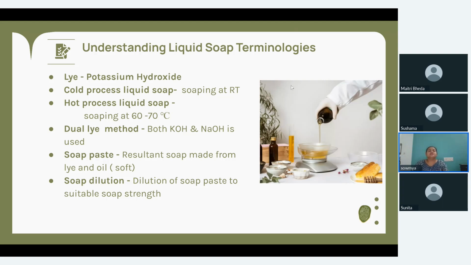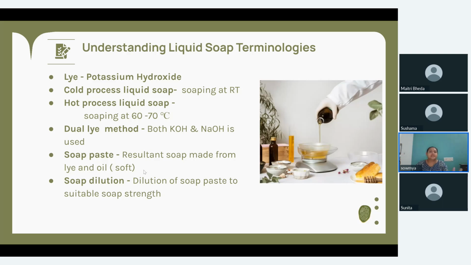Like how, when you make hot process soap, it goes through the Vaseline stage, right? And how soft that soap will be. Exactly like that, your final soap will be for a liquid soap. So that soap is actually called a soap paste, and it is very, very soft. That is why we need to dilute this.